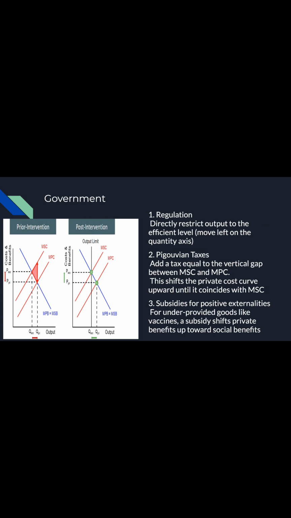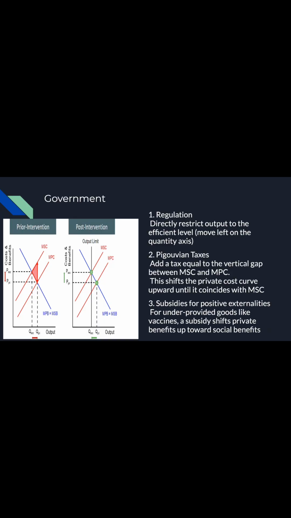Because bargaining usually fails, the government has to step in, and each tool corresponds to a different shift in the graph. Regulation is a direct restriction of output to the efficient level, so the graph moves left on the quantity axis. Pigovian taxes add a tax equal to the vertical gap between the MSC and MPC, and this shifts the private cost curve upwards until it reaches the MSC.